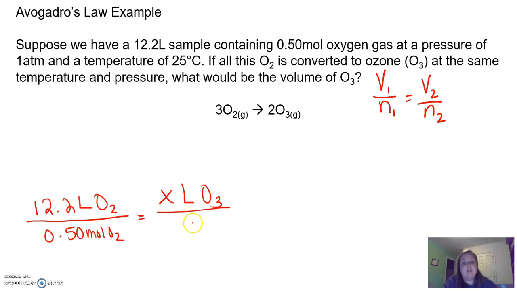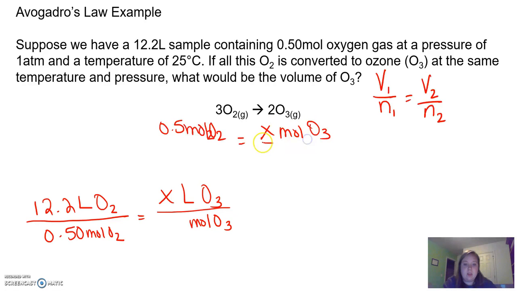Now, I need moles of O3 on the bottom, which is something that I don't have. So I need to figure out if I have a half a mole of oxygen, how many moles of O3 is that equal to? And I can figure that out by just using stoichiometry. So if I have a half a mole of O2, and I'm trying to find X moles of O3.